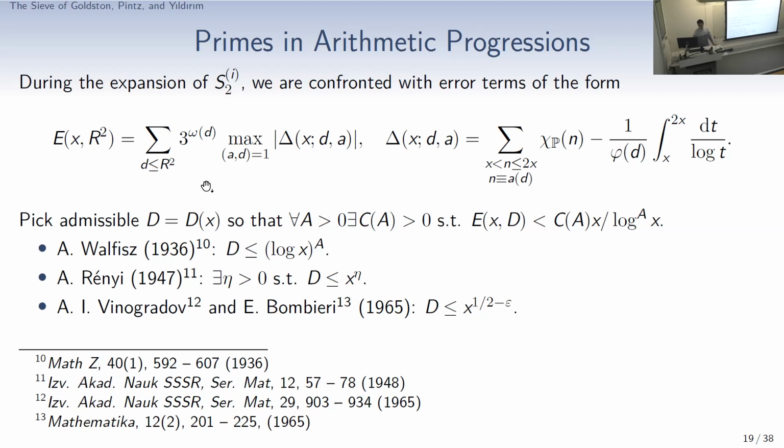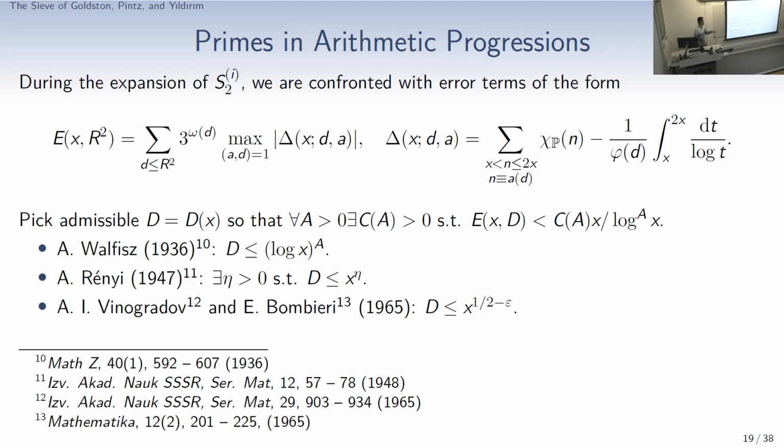So the task will be to find some d such that for every positive integer a, we can find some constant such that this quantity is less than this constant multiplied by x divided by log x to the power a.